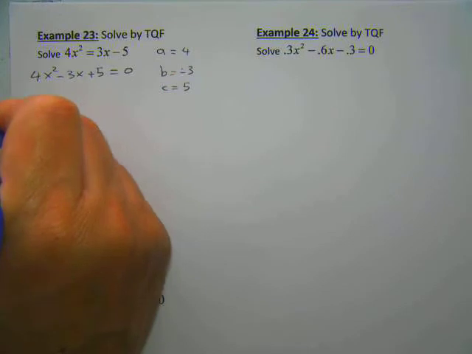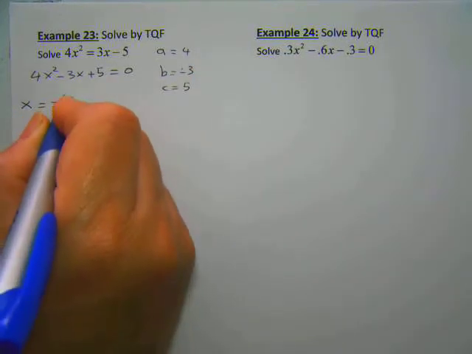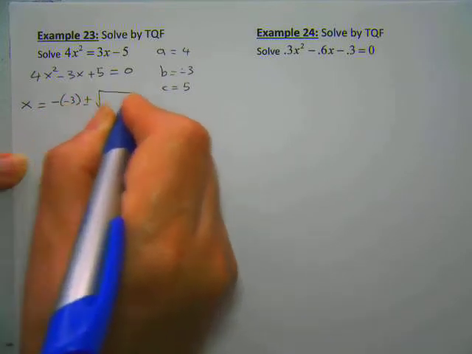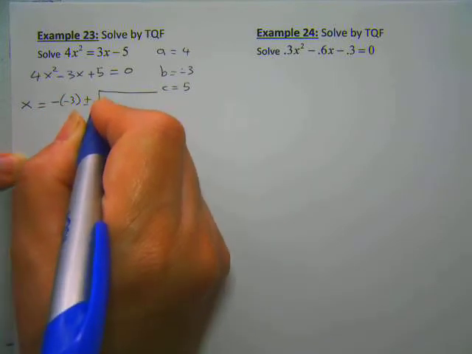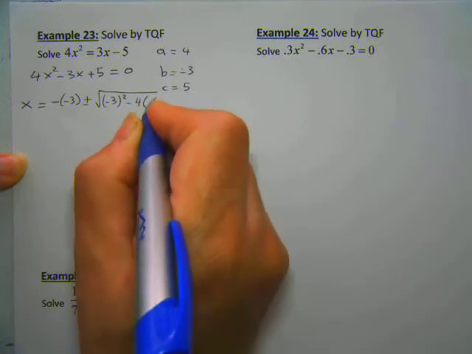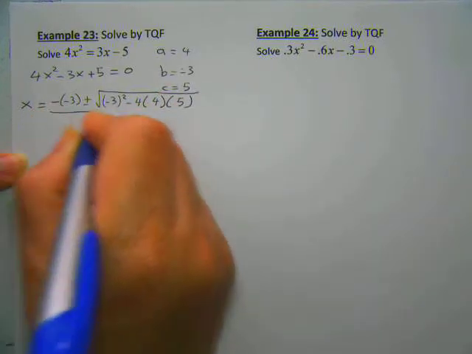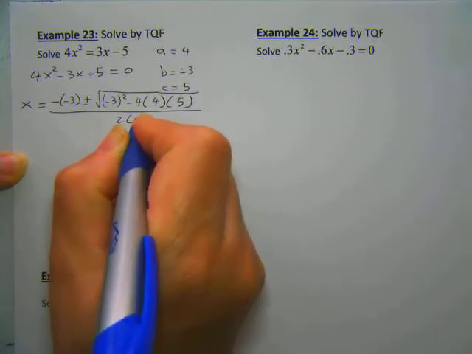The quadratic formula says x is equal to minus b, minus negative 3, plus or minus the square root of b squared minus 4 times a times c, and it's all over 2a.